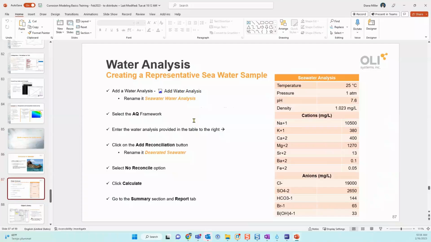And hopefully this will give you an idea of how to enter any other water analysis that you may have that comes to you from a different lab, from a different company, and then you enter it in the software and learn how to do it.